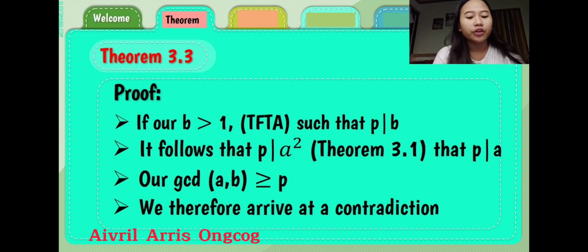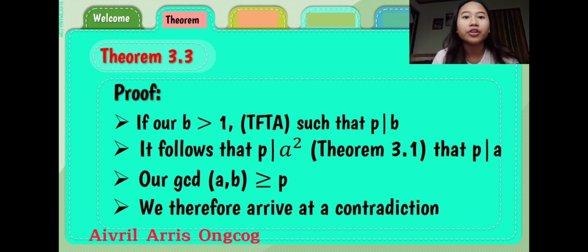Recalling the fundamental theorem of arithmetic, an integer p greater than 1 is called a prime number, or simply a prime, if its only positive divisors are 1 and p. It follows that p divides a squared, and by Theorem 3.1 that p divides a.